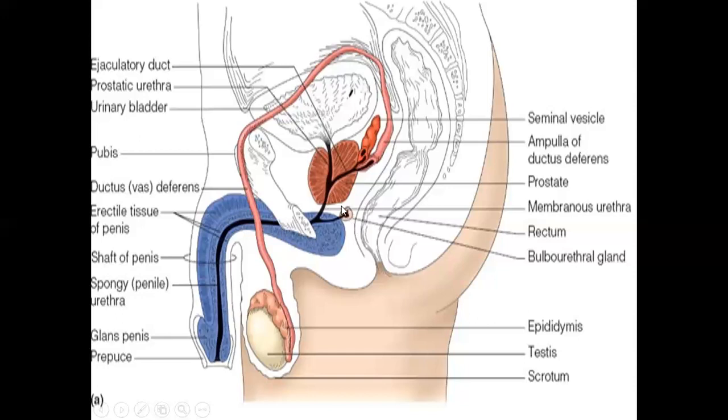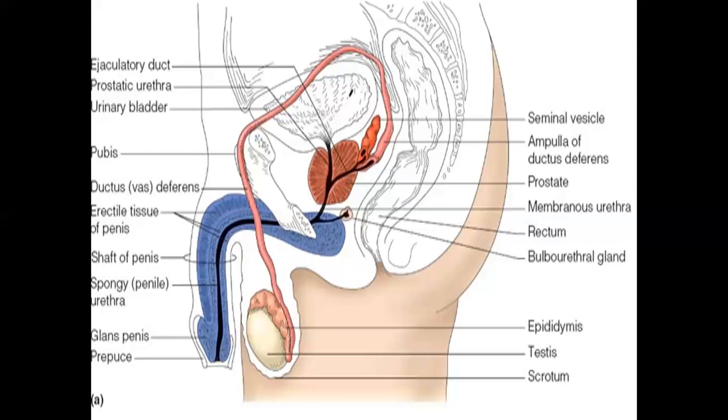What's peculiar here is that the secretions of the bulbourethral gland are alkaline in nature. It's a thick alkaline fluid. Why? Because this alkaline secretion will neutralize the acidic environment in the vagina, which is actually detrimental to your sperm cells.